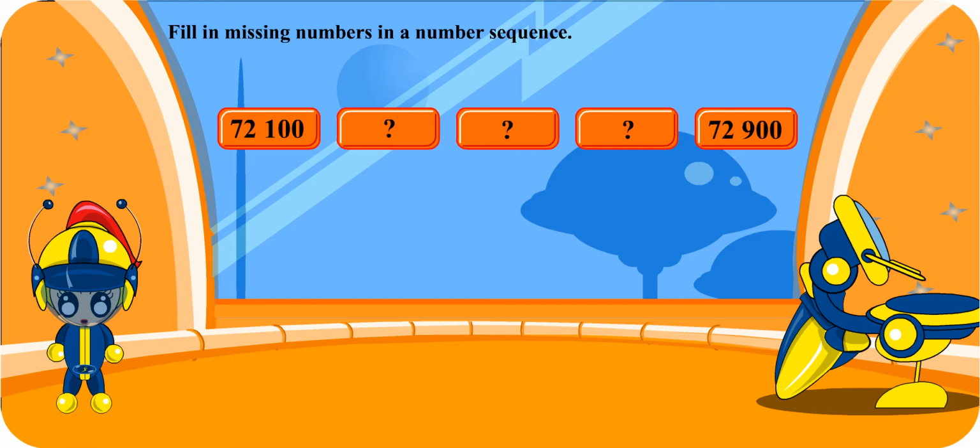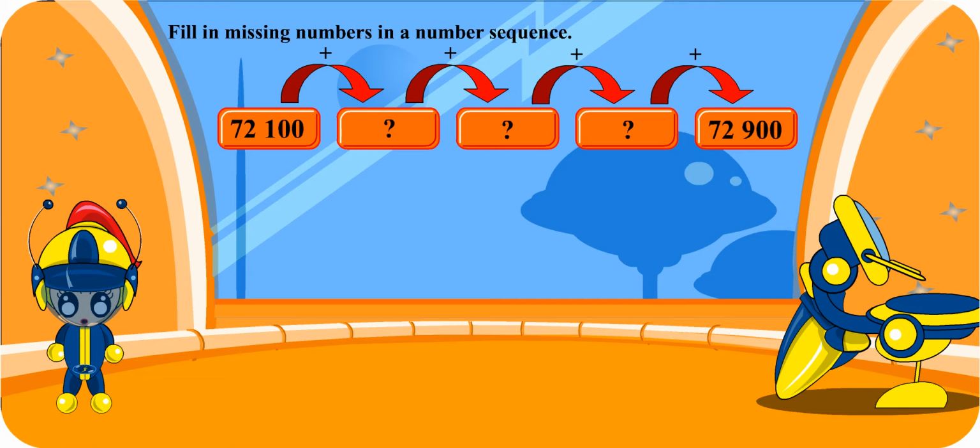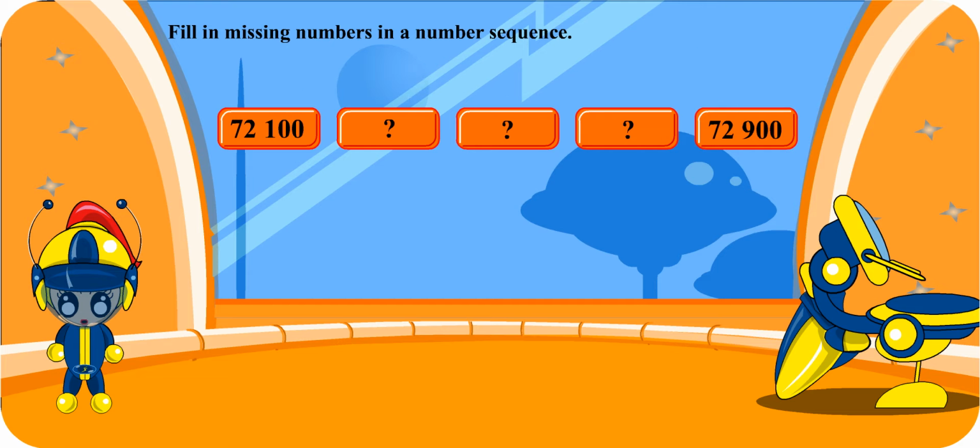Now I know what I should do. The fifth number 72,900 is actually obtained by adding a number 4 times to the first number 72,100. The difference between 72,900 and 72,100 is 800. I have to find which number times 4 gives 800.